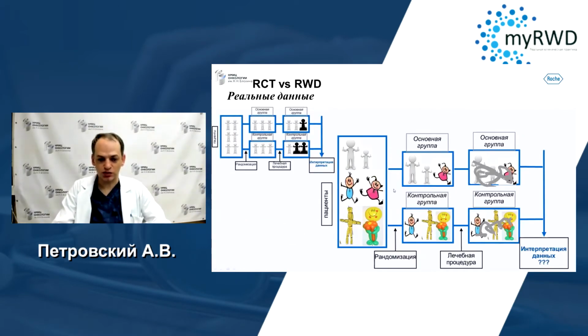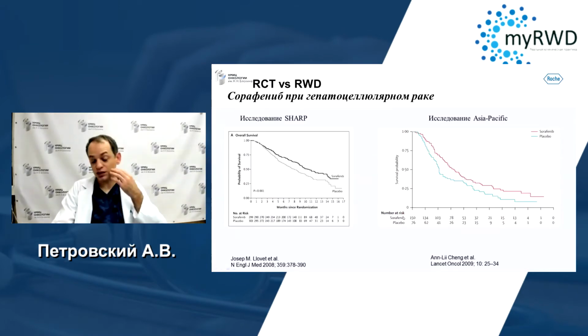Although when we face reality, we see that our patients are very different, and the way they get into the main and control group is also very different. As a result, interpretation of data is really very difficult. That leads to the fact that not all results can be directly extrapolated to real life. And this extrapolation could be very different.